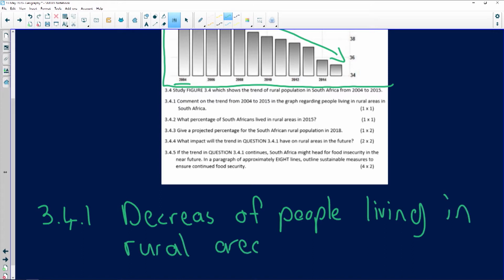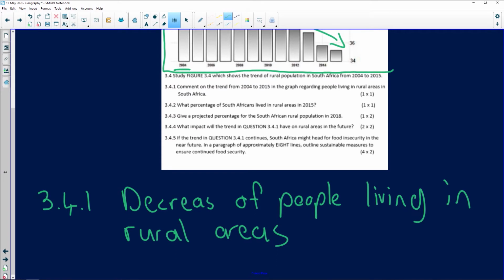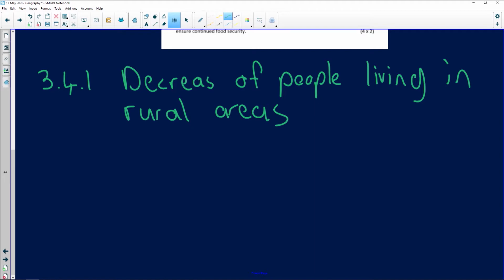Grade 12s, I'm not going to repeat myself. I've mentioned in the previous question, this is just related to the graph. Keep in mind your push and pull factors. You need to interpret it. Why is this happening?